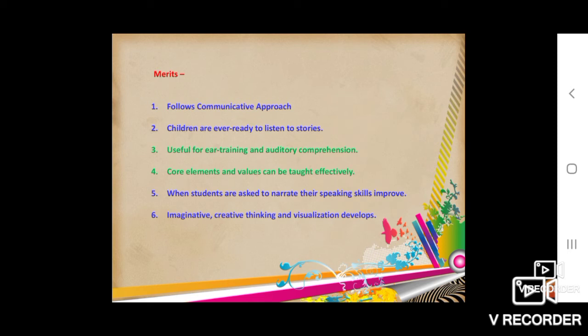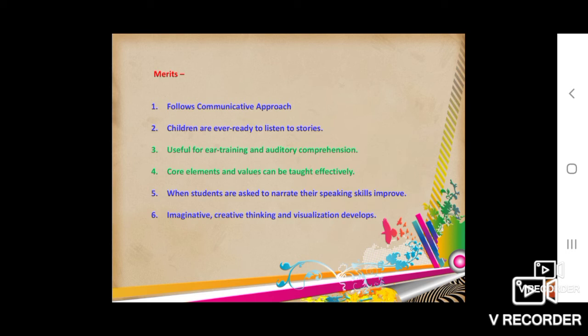But if you narrate a story, or if you have good skill of narrating stories, then with the help of this technique, you can directly inculcate all the values prescribed in the curriculum.